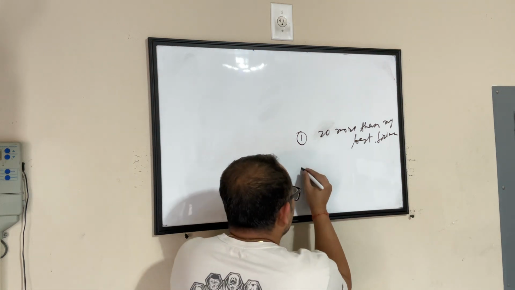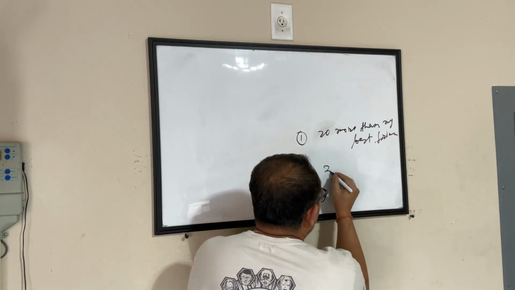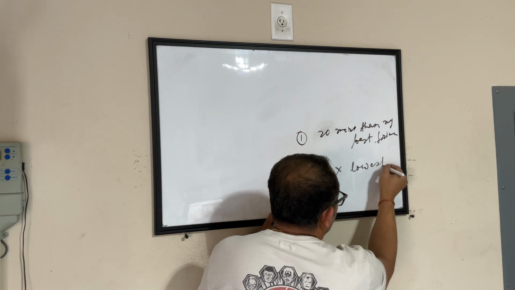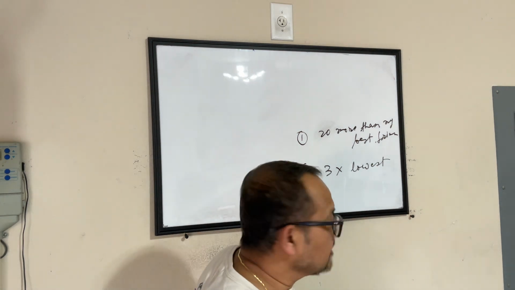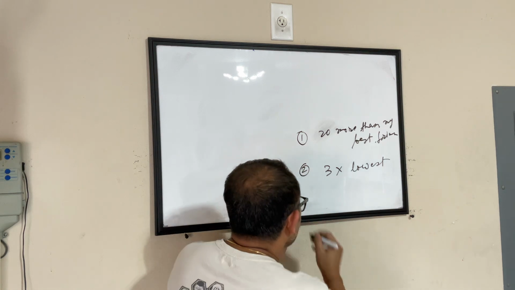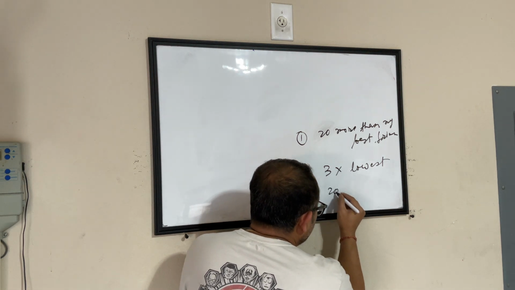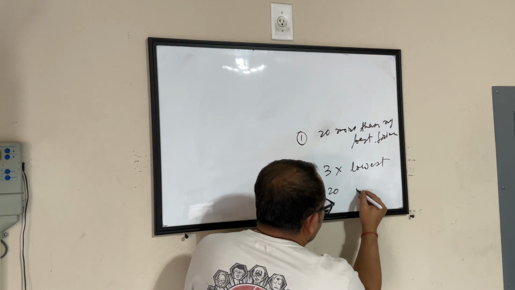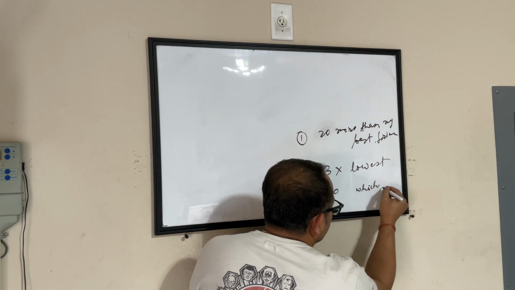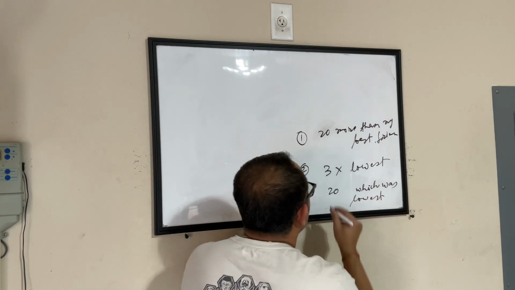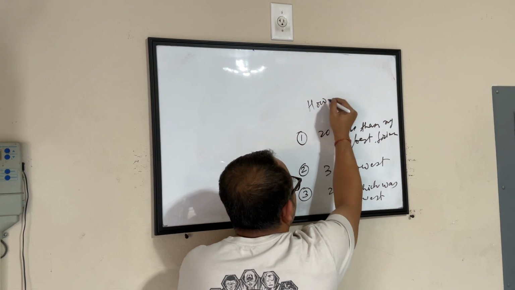My best friend got 3 times the lowest marks. There was a child in the class who got 20, which was lowest. How much did I get?